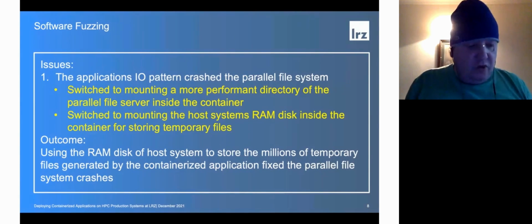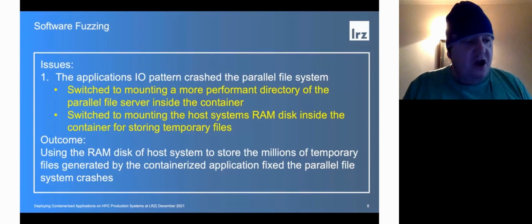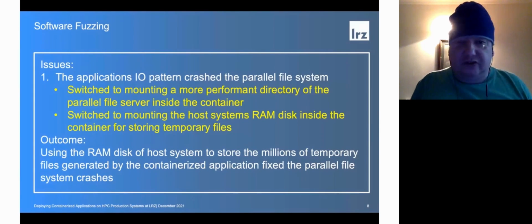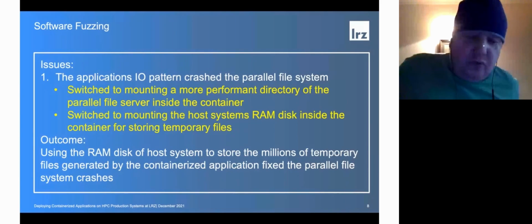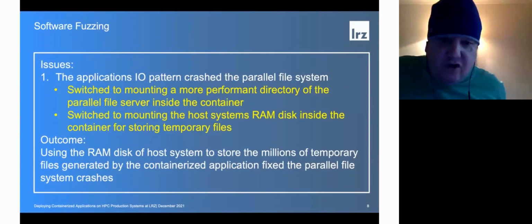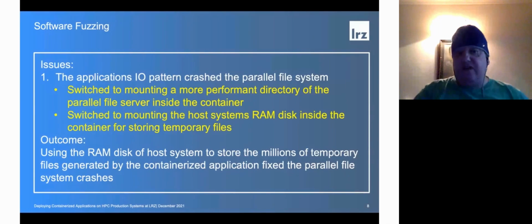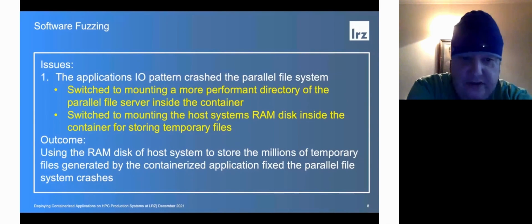So one of the things a parallel file system doesn't like is to open and close a lot of very small files very, very quickly. They're optimized and designed to work with large files using parallel IO. And this wasn't the case, and the workflow involved creating 6 million very, very small files. This actually crashed the system, and it was pretty problematic.